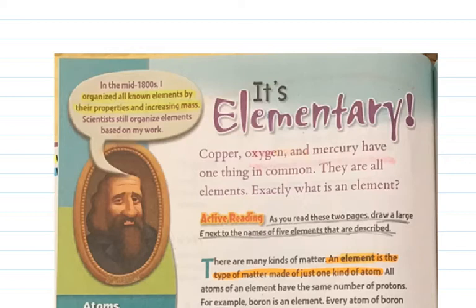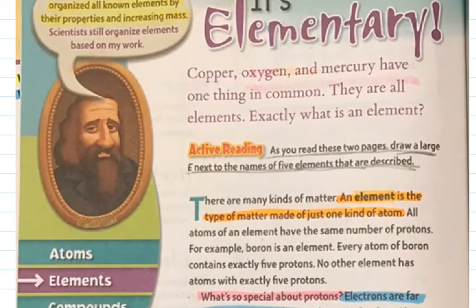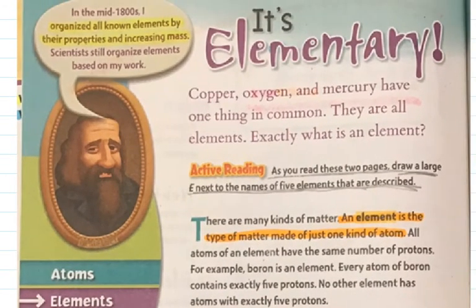His quotation for today is, in the mid-1800s, I organized all known elements by their properties and increasing mass. Scientists still organize elements based on my work. Well, okay then. In yellow highlighter, you're going to highlight organized all known elements by their properties and increasing mass.